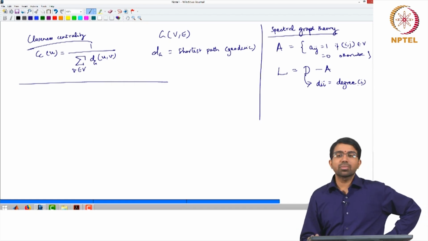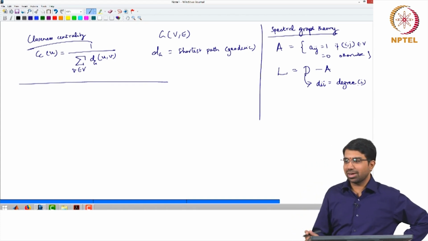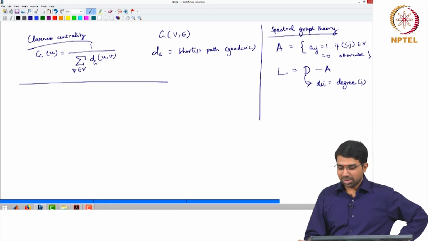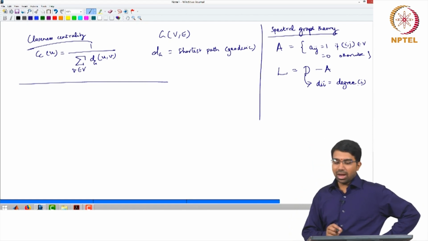There are many interesting properties of these matrices. The eigenvalues of this matrix will give you clustering in the graph, and a bunch of interesting properties like that. I will let you study a little more on that, but let us come back to the adjacency matrix.